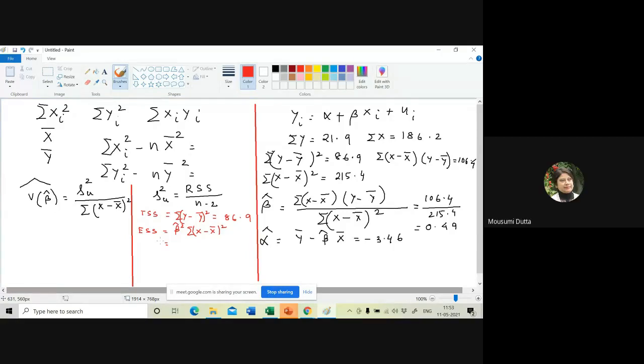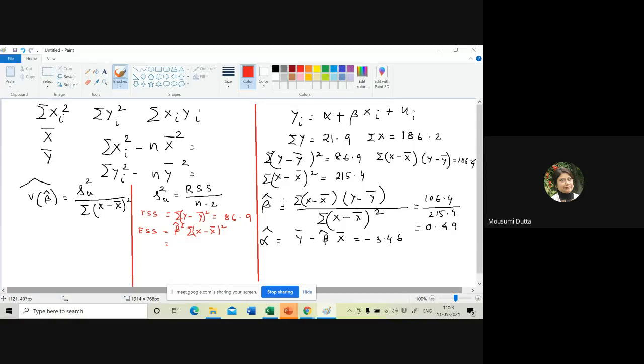That is not the definition we will use; we have beta hat into summation xi minus x bar into yi minus y bar. Very good. Either we can use the formula beta hat squared summation xi minus x bar whole square, or beta hat into summation xi minus x bar into yi minus y bar. You can use either of the two formulas.